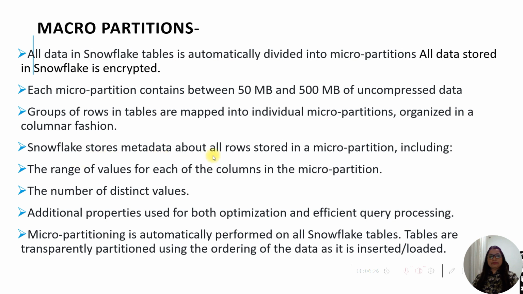Snowflake stores metadata about all the rows stored in a micropartition, that includes the range of values for each of the columns, the number of distinct values and additional properties used for both optimization and efficient query processing. Micropartitioning is automatically performed on all Snowflake tables, and tables are transparently partitioned using the ordering of the data as it is inserted or loaded.